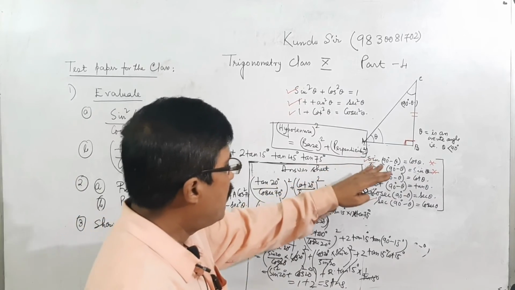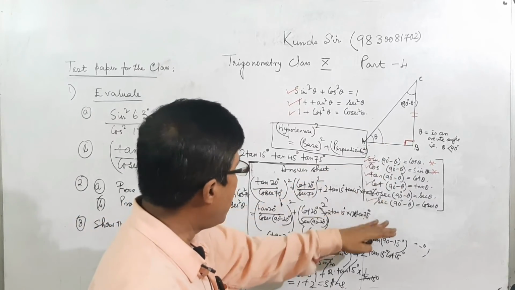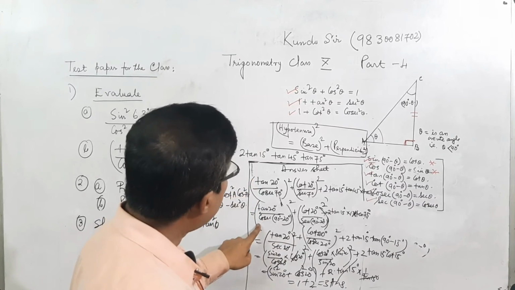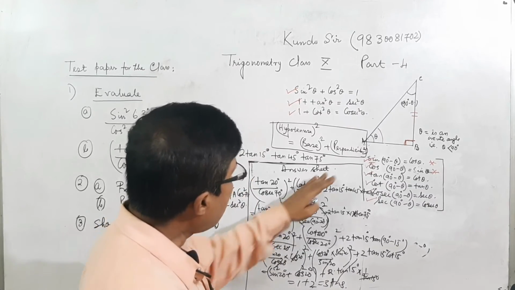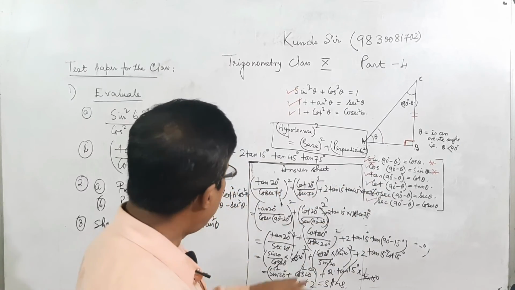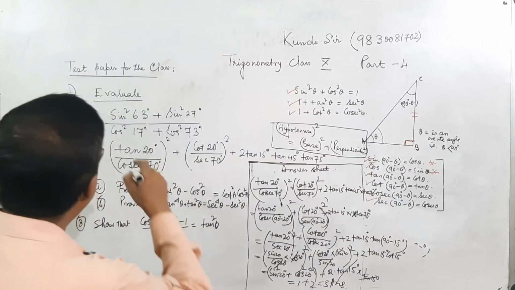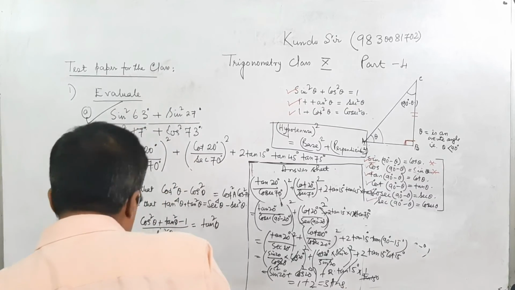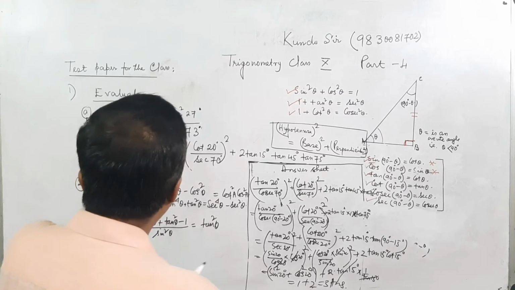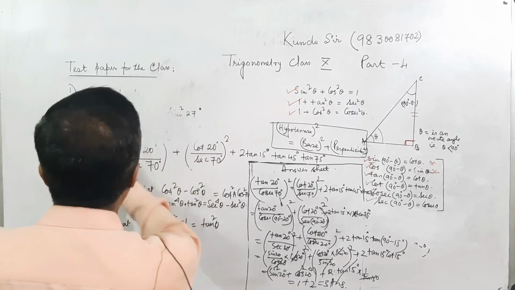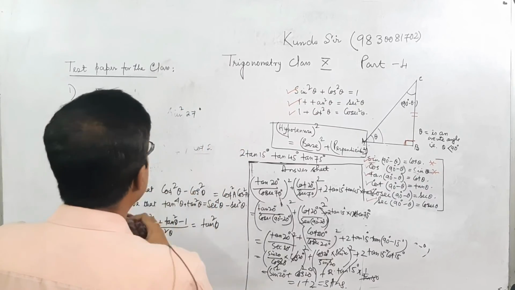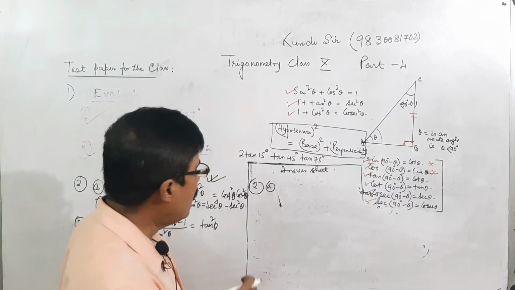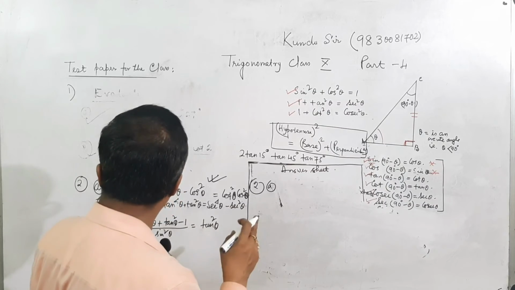That means we have taken the help of tan 20, then cosec 90 minus 20, and all the concepts we have applied here. Now it is over. A and B I am removing from the board. A and B is over. Now I am doing the problem in the answer sheet.